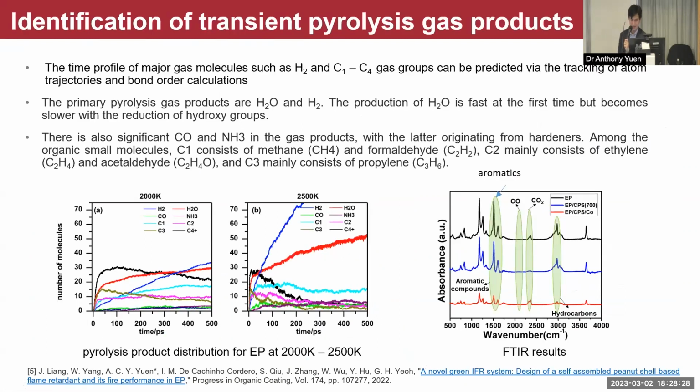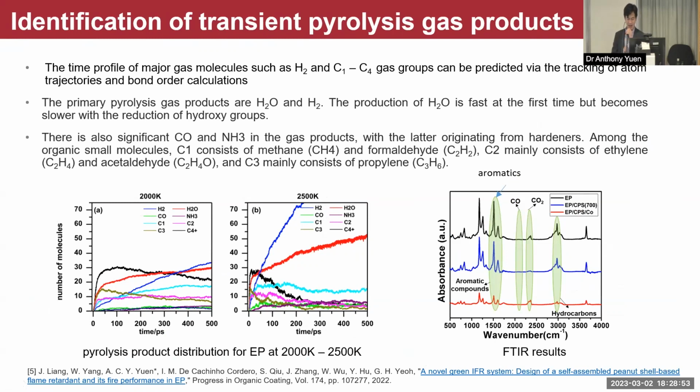Anyway, if we compare the FTIR result against what we discover in the MD, what we can do in MD is also trace all the essential components such as H2, the carbon 1 chain group, carbon 3, and so forth, water.